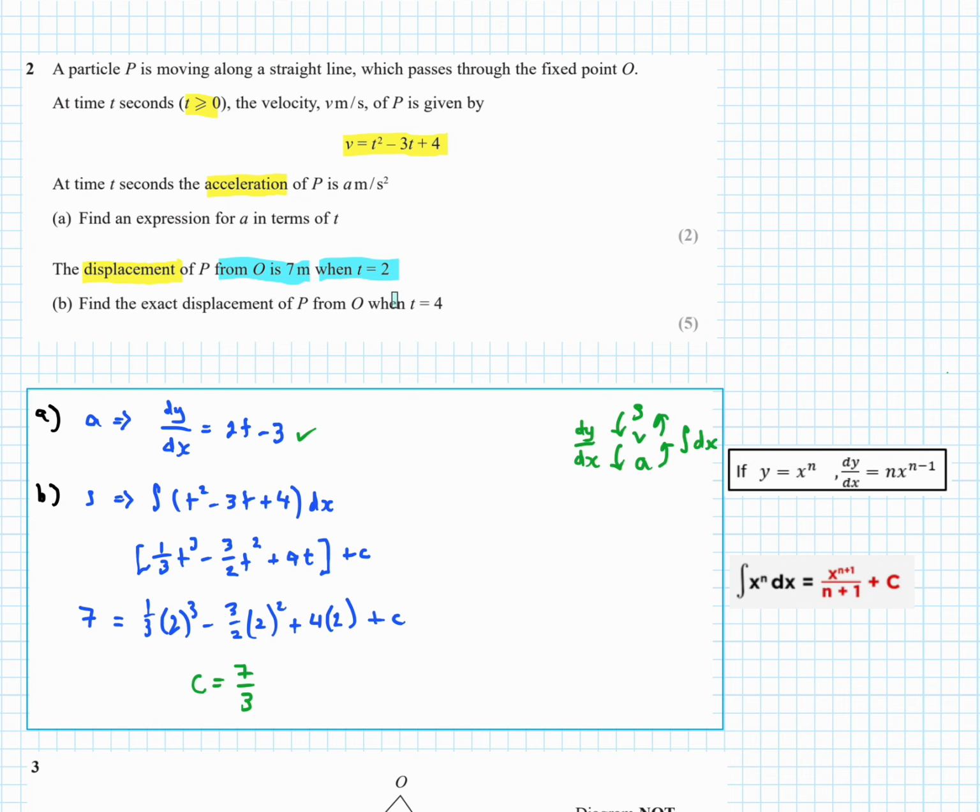So rewrite this out: 1/3 times 4 to the power of 3, plus 3 over 2 times 4 squared, plus 4 times 4, plus 7 over 3.